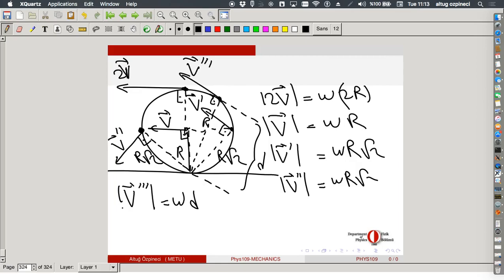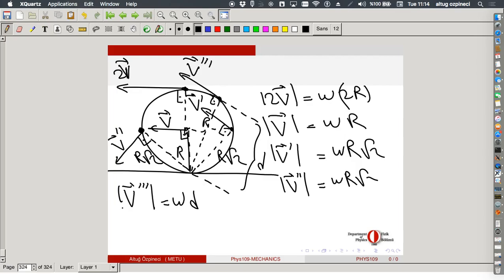Does it resemble any kind of motion? It's just rotation. Instantaneously, this whole thing is rotating around this point. This point is at rest.